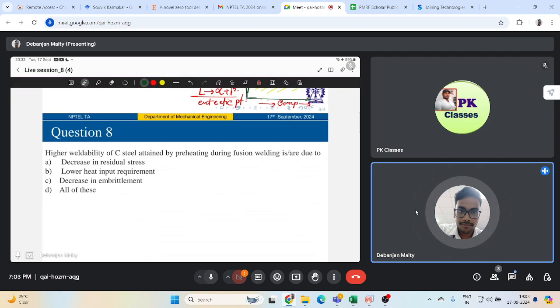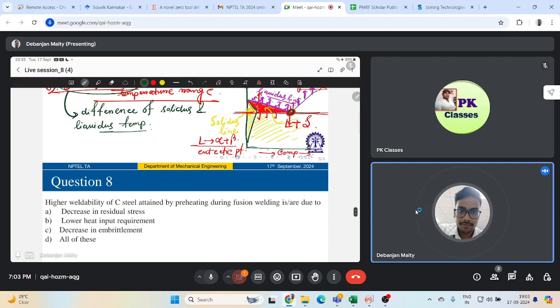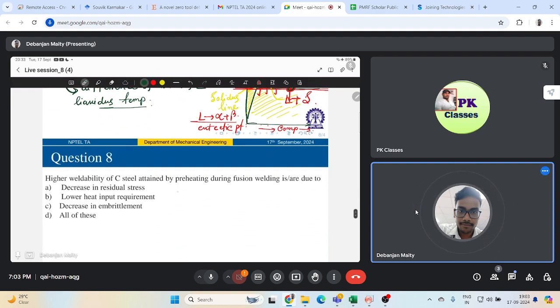So pure metals, or the eutectic compositions, I was talking about this eutectic composition. Let me note it down: pure metals or eutectic compositions.